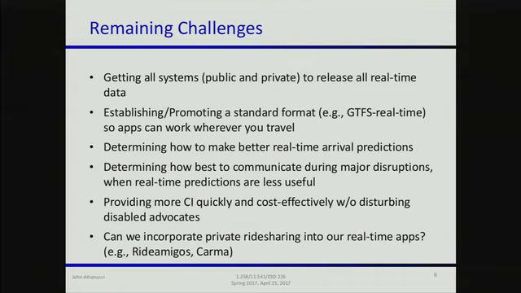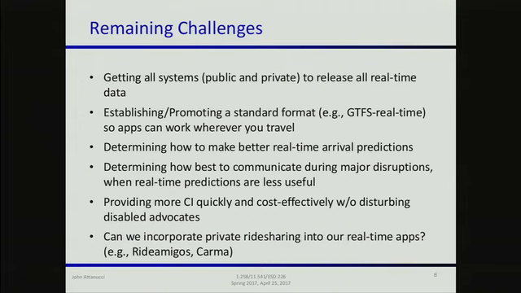So the challenges that are left, there's still some agencies when you go from city to city that don't have a lot of good real-time information, so the apps don't work very well. And for the life of me, it's just a matter of inertia, I believe, in these places.